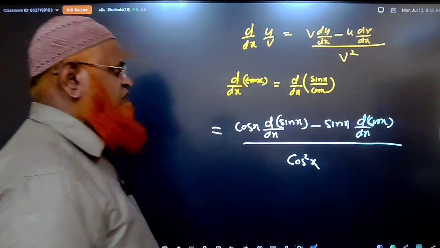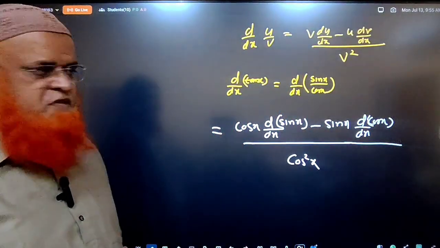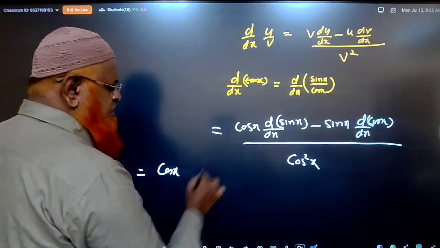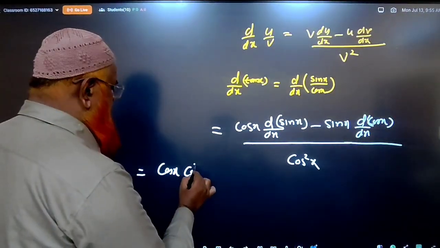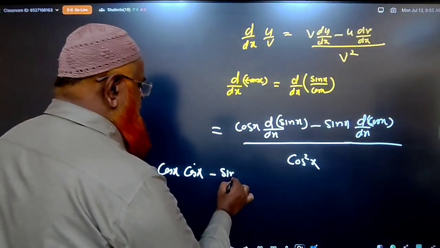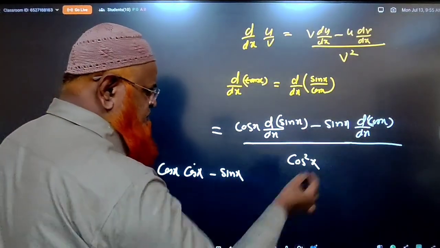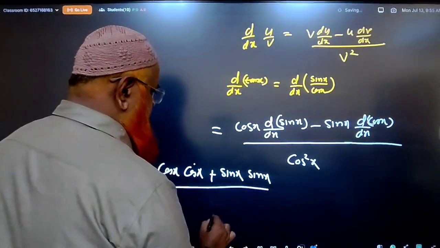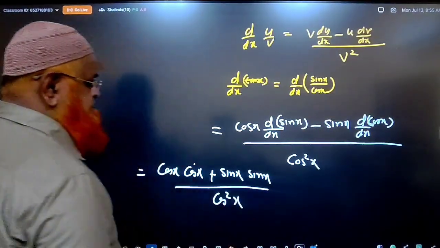I have applied the u by v method for this. Now what I am going to get finally: cos x d by dx of sin x is again cos x, minus sin x, d by dx of cos x is minus sin x. So this is going to become plus, divided by cos square x.